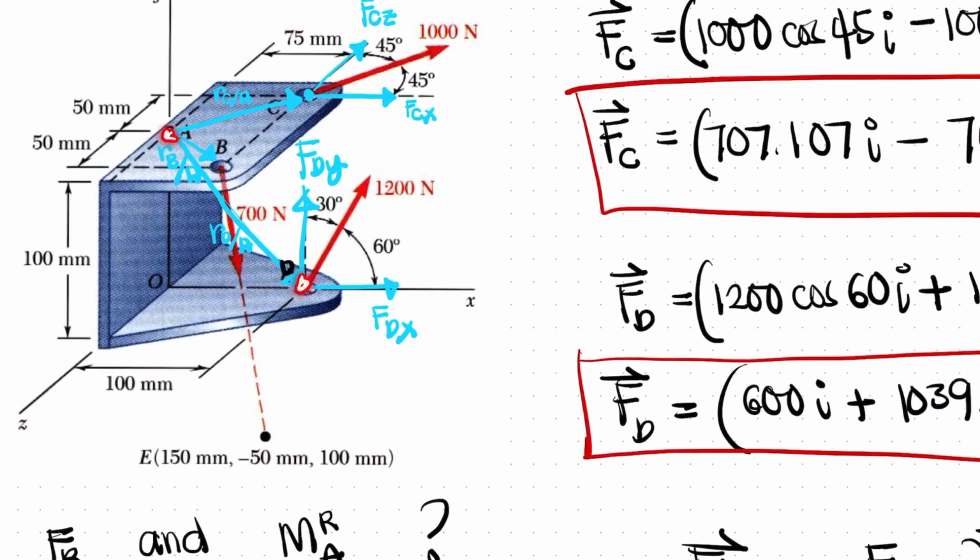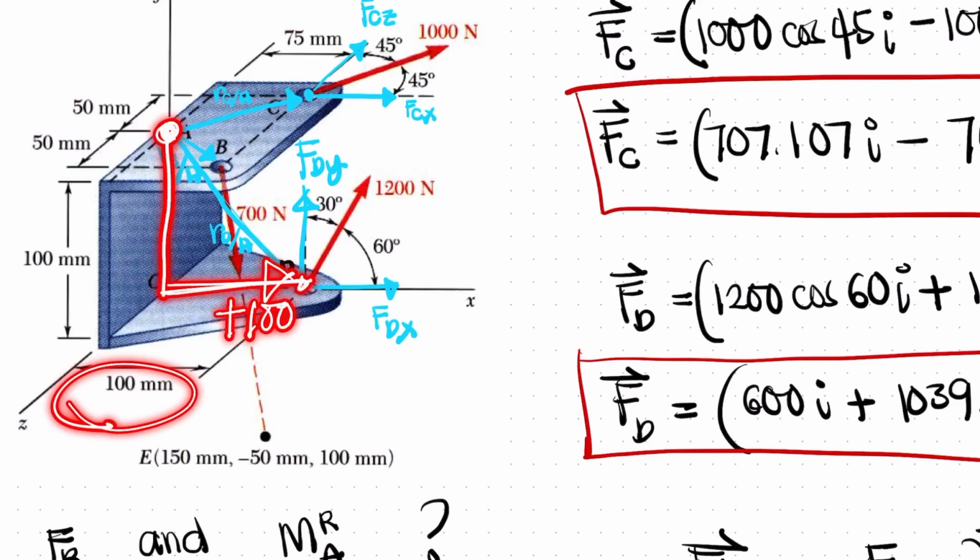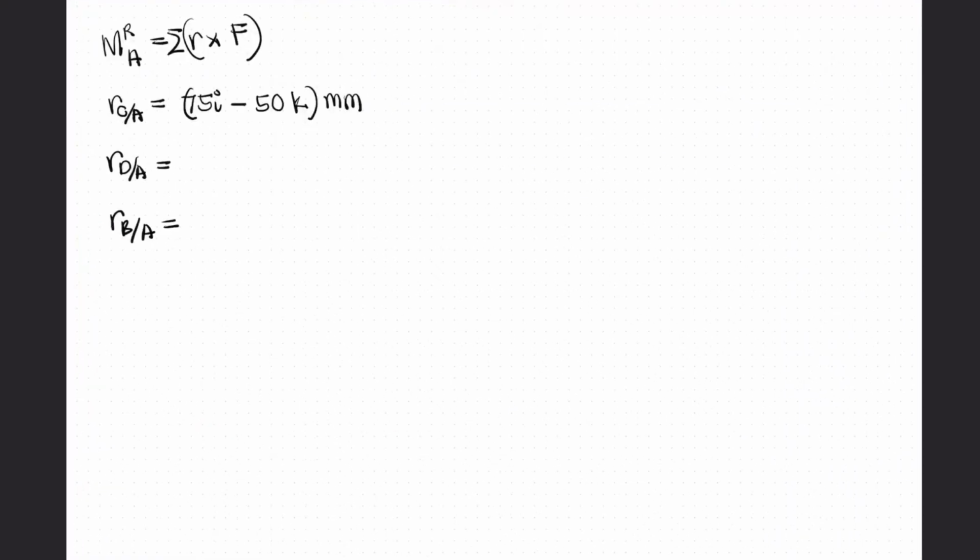From A to D, kaning distance is 100. Positive 100. Dayon ang iyahang distance along Y, paubos, negative 100. So, positive 100i minus 100j.